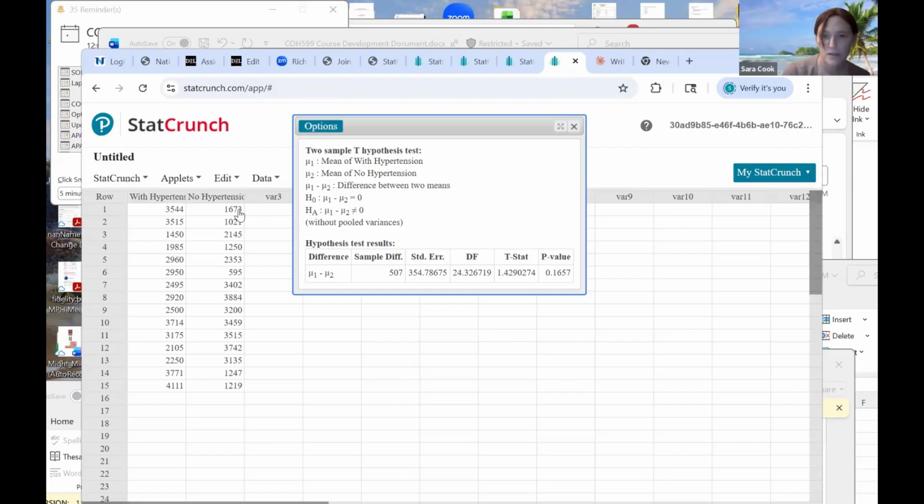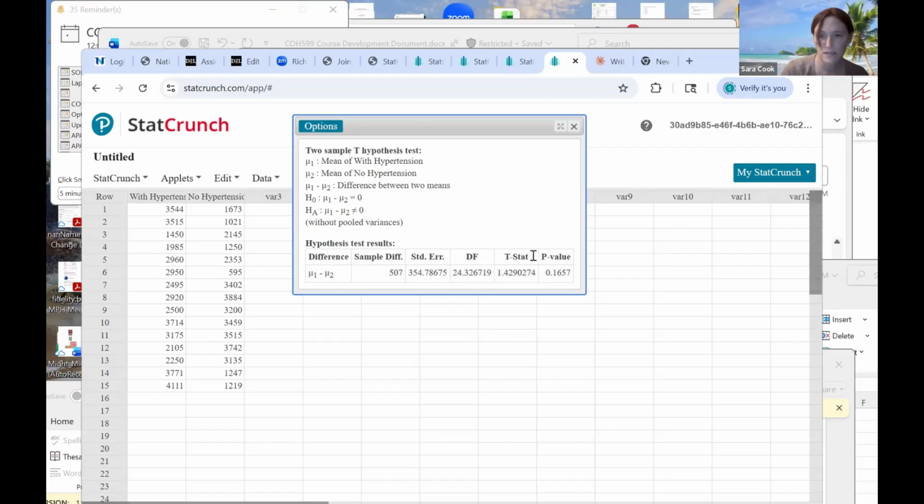However, if we look at the p-value of this hypothesis test, it's 0.1657. So yes, we calculate a difference here. It appears that the difference on average is 507 grams.